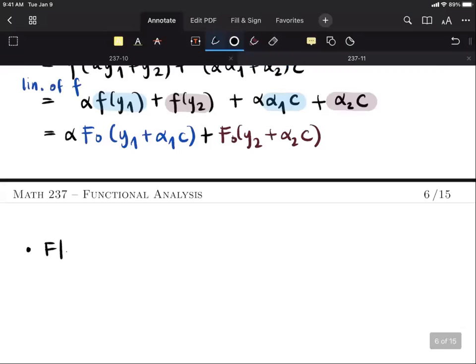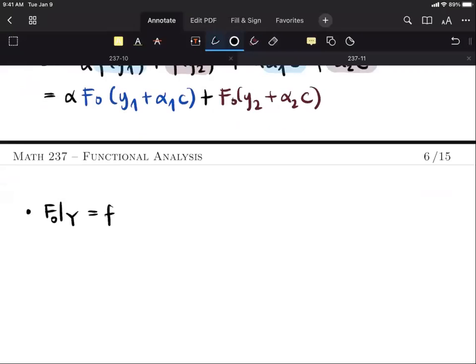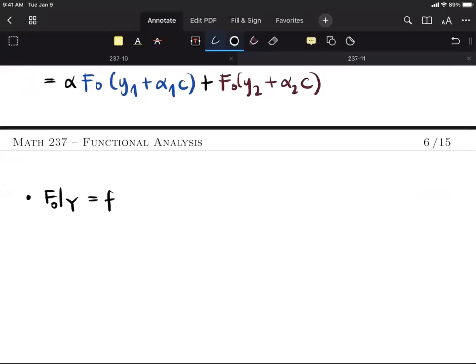Moreover, the restriction of f naught to Y is also equal to f. This follows from the fact that if I take y in capital Y, I can write this as f naught of y plus 0 times x naught.